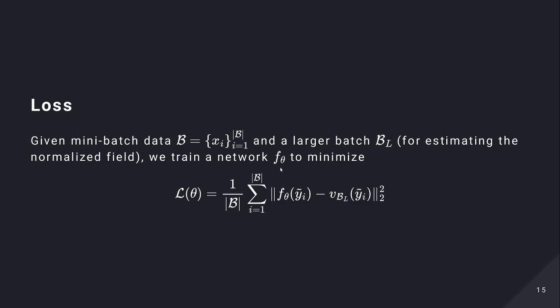We train a neural network f theta to minimize this loss, which is simply the mean square deviation between f theta and our actual vector field. So no need to go through a probabilistic argument. We have a vector field, and we approximate it in the least squares sense.